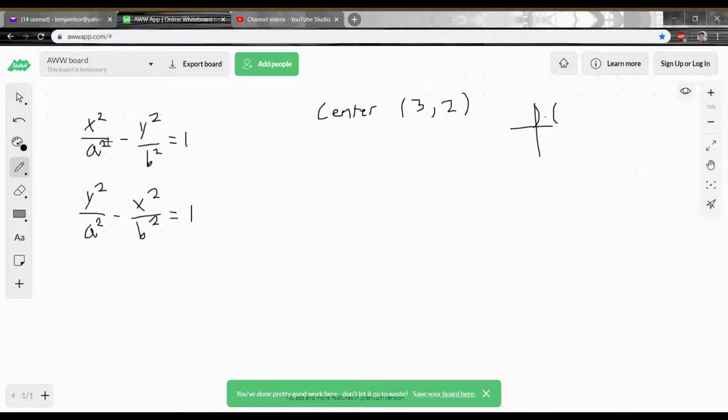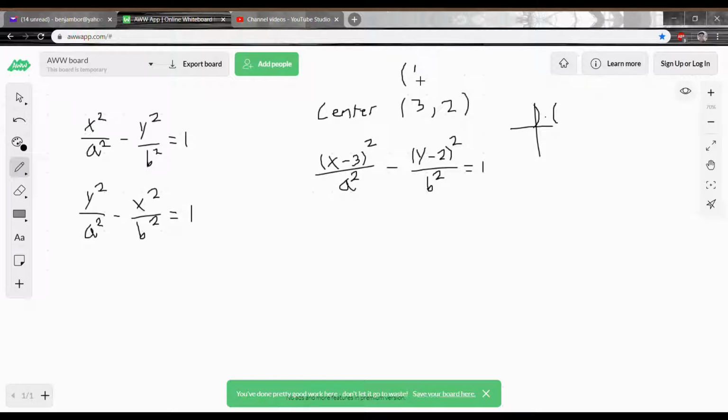We would use our horizontal equation here, and we would write x minus 3 squared over a squared minus y minus 2 squared over b squared is equal to 1. We can do the same thing for the vertical hyperbola.